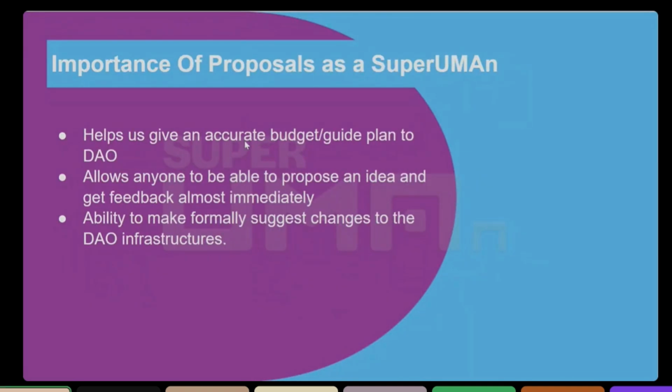Then moving on. I also wrote the importance of proposal writing to superhumans. So what are we going to gain from writing proposals to these DAOs, communities or organizations? It helps us give an accurate budget guide plan to DAOs.